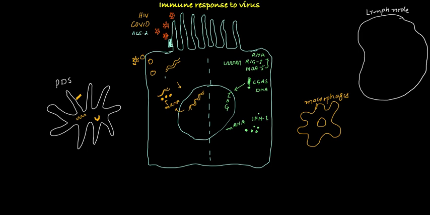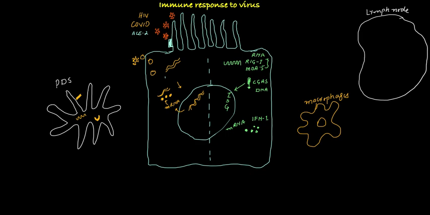This is the initial stage. Immediately when the viral infection attacks the host cells, all nucleated cells have these alarm systems, and these receptors are activated and produce interferon type 1, alpha and beta.